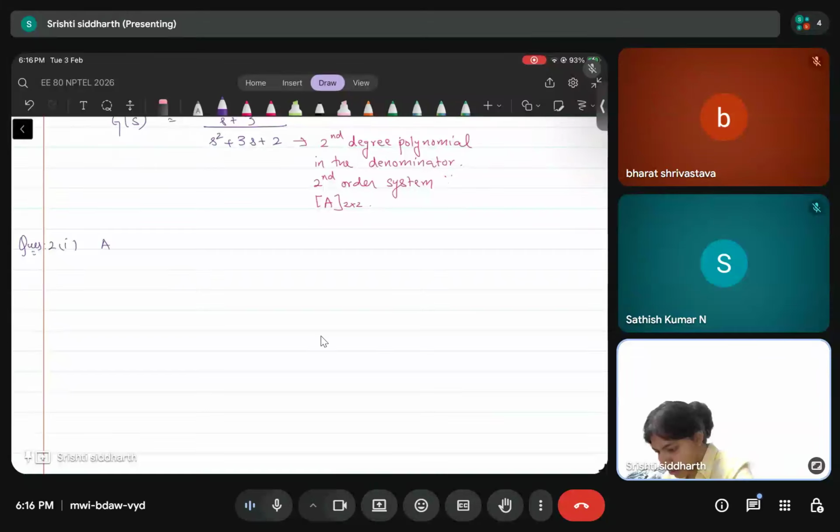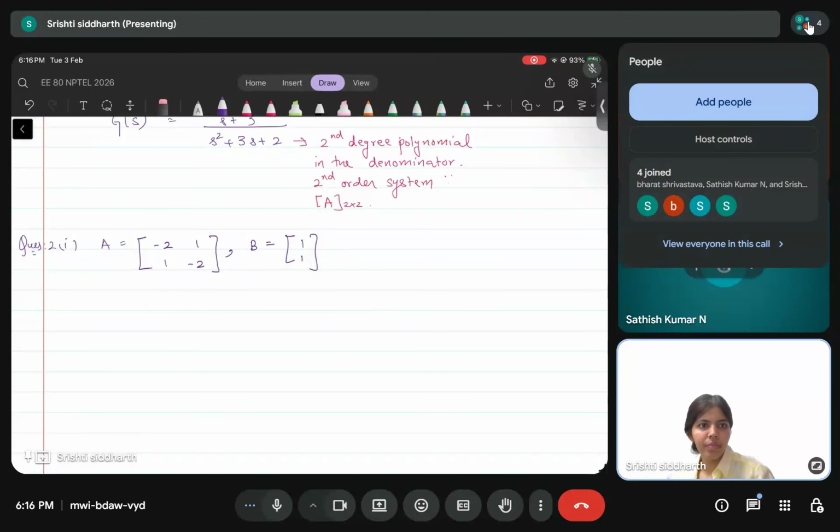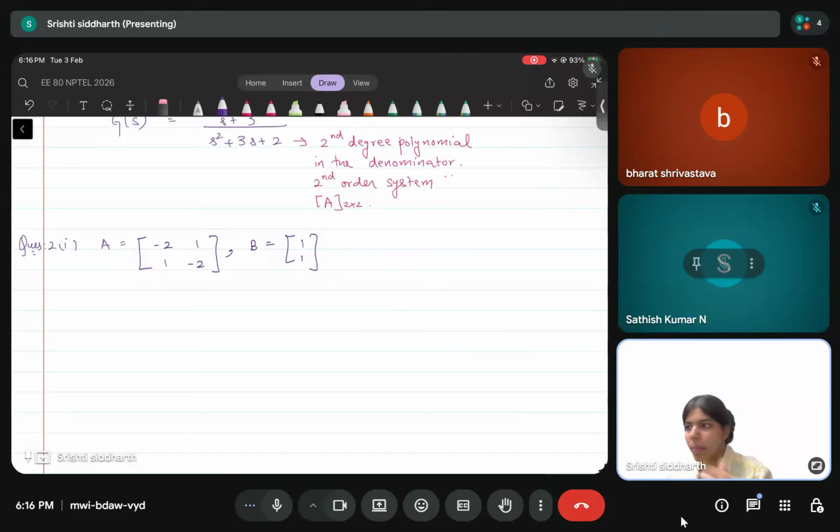I'm just going to write down the matrices directly. So A is [-2, 1; 1, -2], B is [1, 1], C is [0, 1], and D is 0.